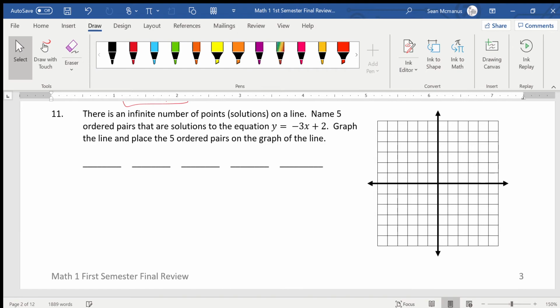So name 5 ordered pairs that are solutions to the equation y equals negative 3x plus 2. Graph the line and place the 5 ordered pairs on the line. So I think what's probably the easiest thing to do is make a table.